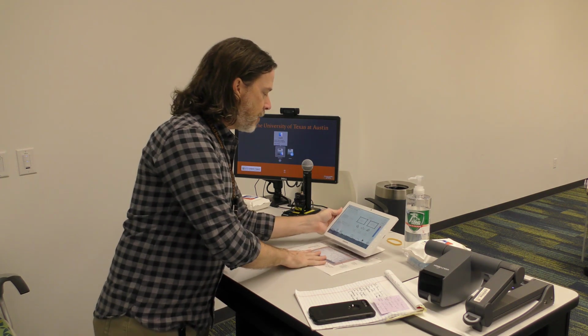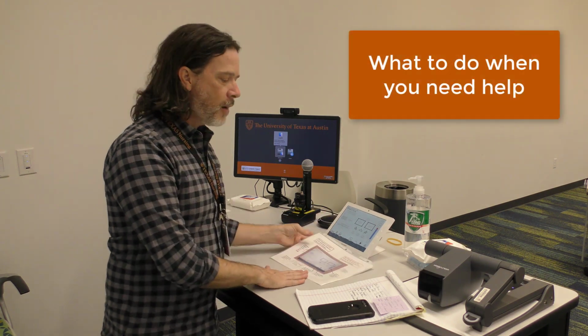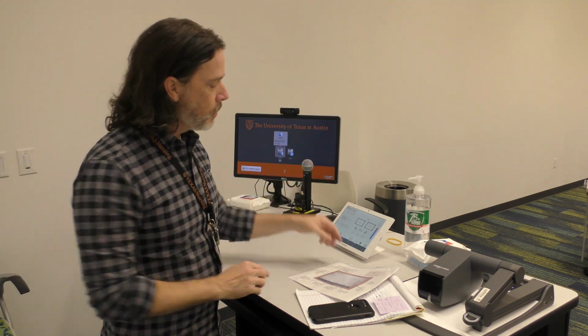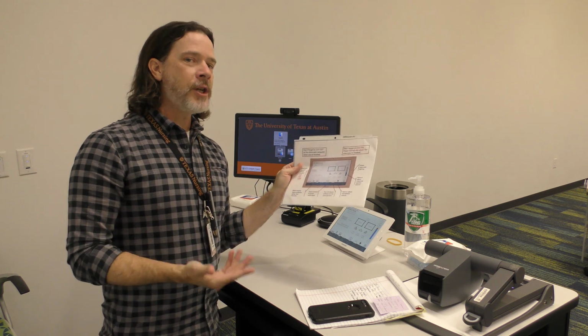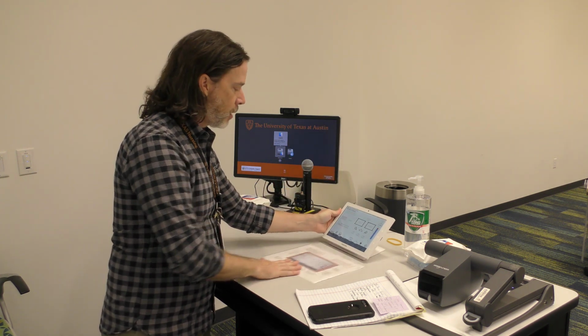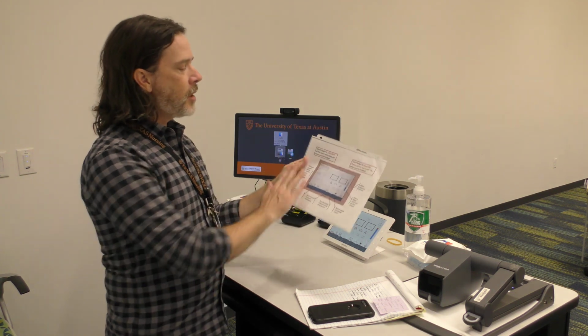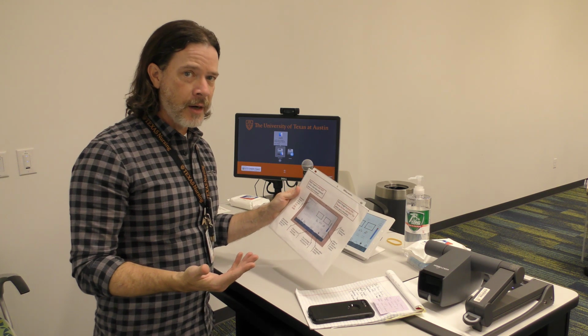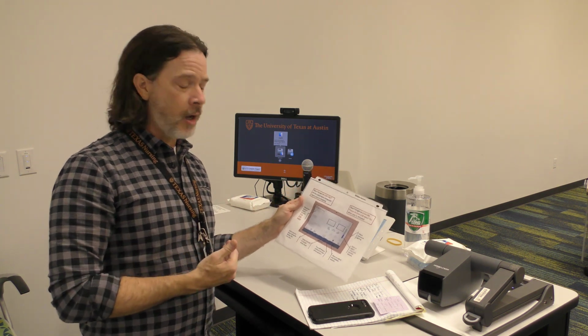And lastly, if you're in our classrooms and you have questions, or you come in and you forget and you're busy so you don't remember, every room has a cheat sheet, and it usually lives right here underneath the control panel. The front page of this cheat sheet gives you an overview of some of the things I've talked about here, how to turn things on, how to turn things off.